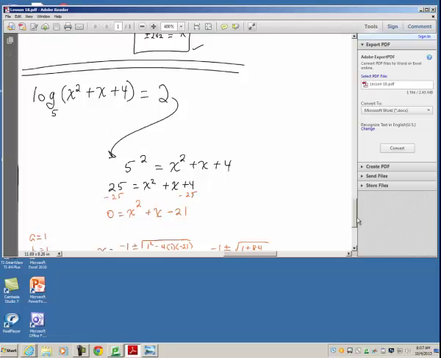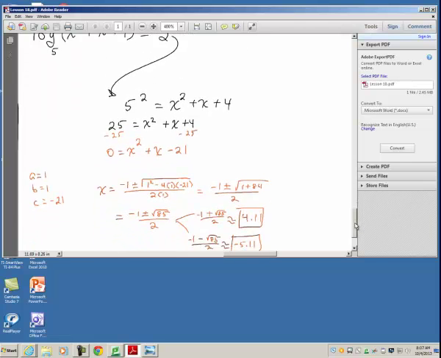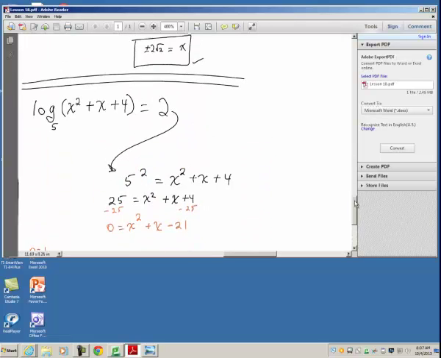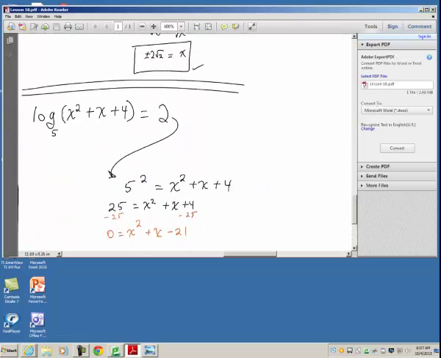So we go ahead and plug that into our quadratic formula, and we end up with basically negative 1 plus or minus the square root of 85, over 2. And so we can get a decimal. Now at this point, to check it, you can just store this into x and plug it into the equation, log and then x squared.